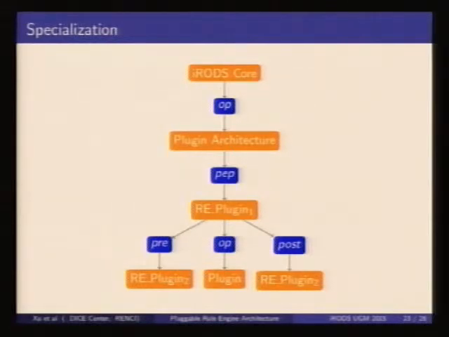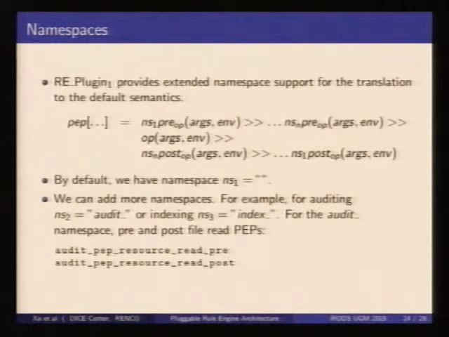In fact, I can create multiple pre and post rules, like two pre rules and two post rules. What is the application of that? You can put those pre rules and post rules into different namespaces. By default, I have the empty namespace, which is just the pre and post rules you have today.